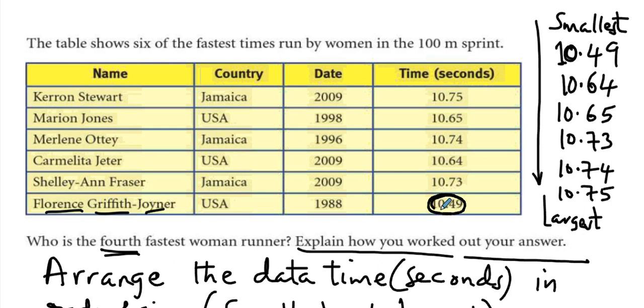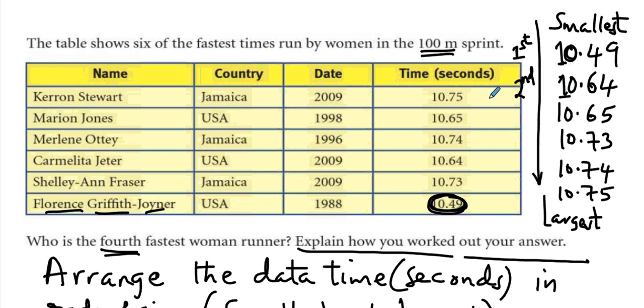So this was the first runner, because she took less time to complete the 100-meter sprint. See, she took only 10.49 seconds. This was followed by this one. This was the second winner.